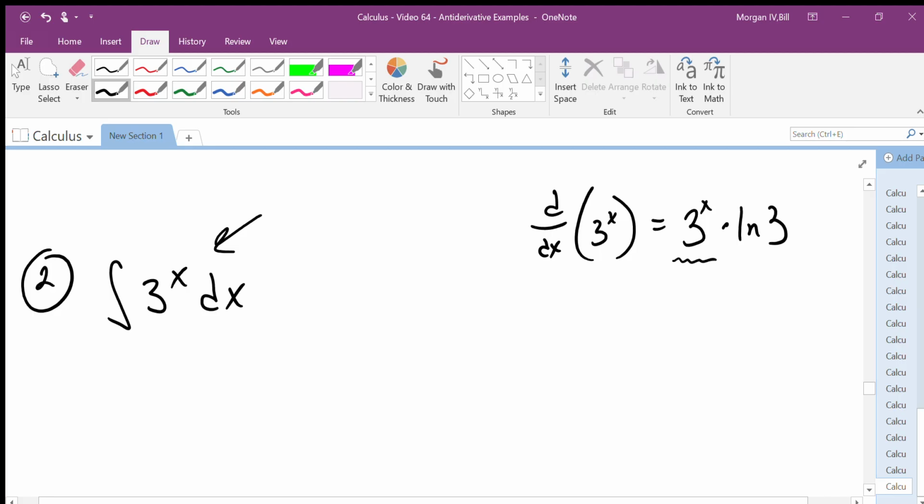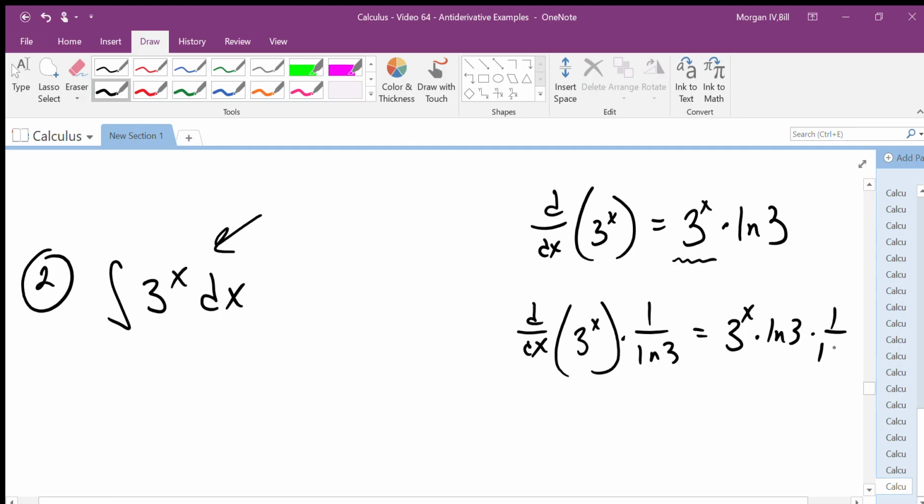So let's divide it out over here. And let's do this. What is the derivative of 3 to the x times 1 over natural log of 3? That would be 3 to the x times natural log of 3 times 1 over natural log of 3, and those would cancel out, and you'd have just the 3 to the x.